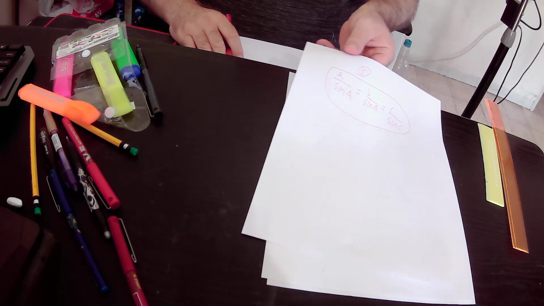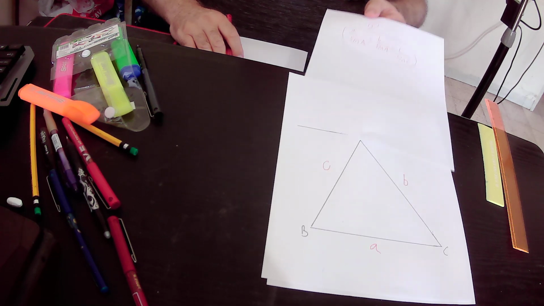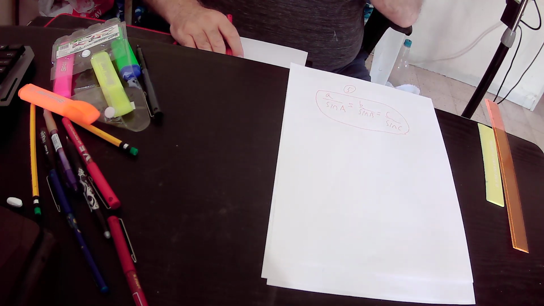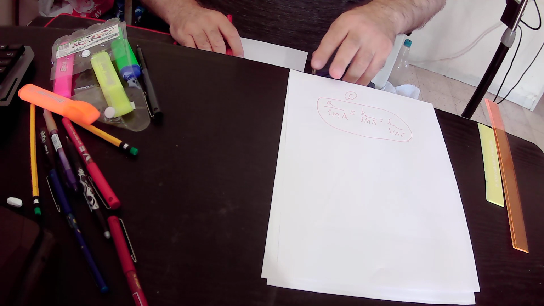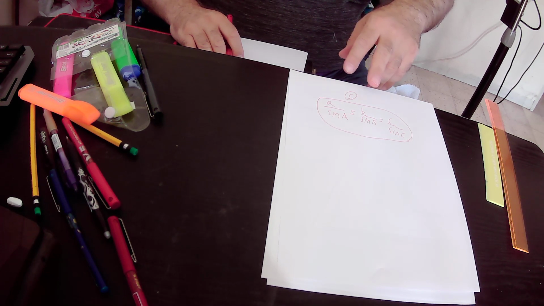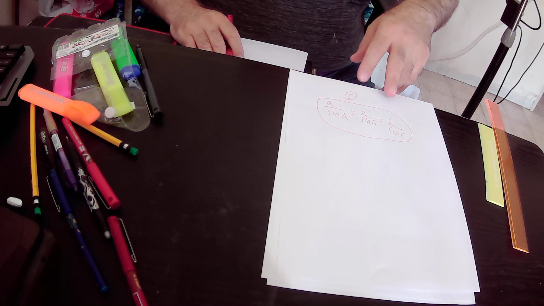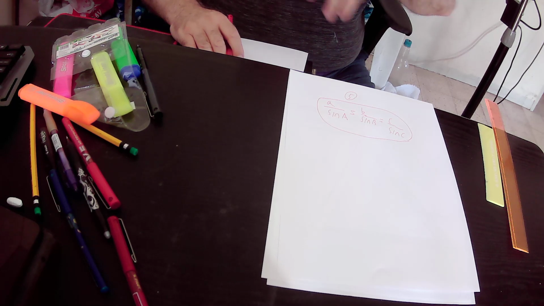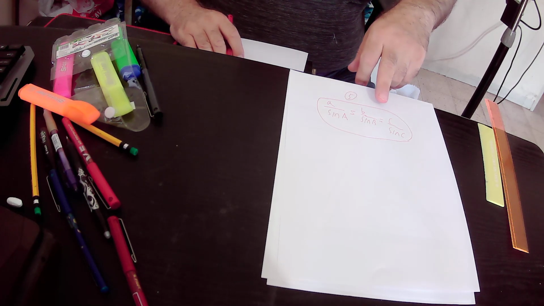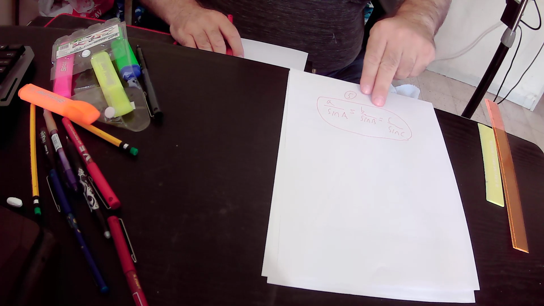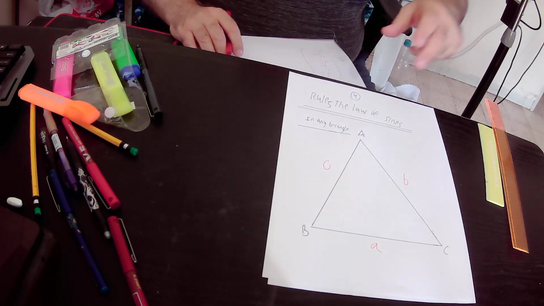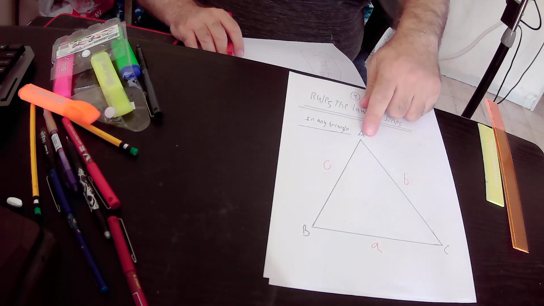Again, in triangle ABC, it can be any triangle. A over sine A equals B over sine B equals C over sine C, when capital A, capital B and capital C are the sizes of the angles.